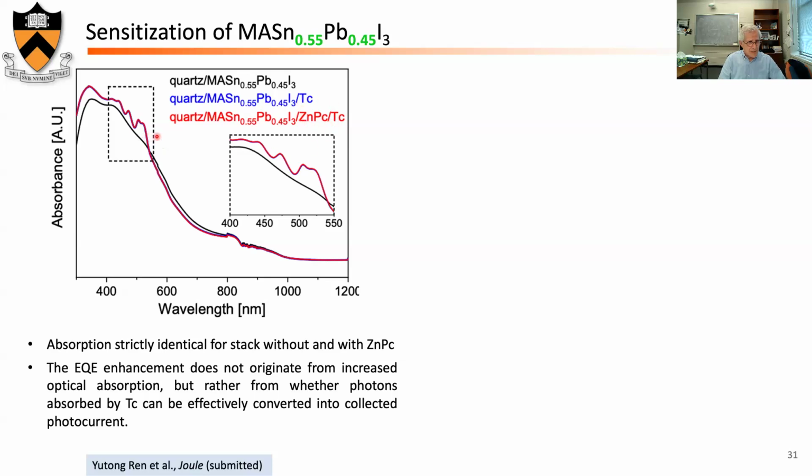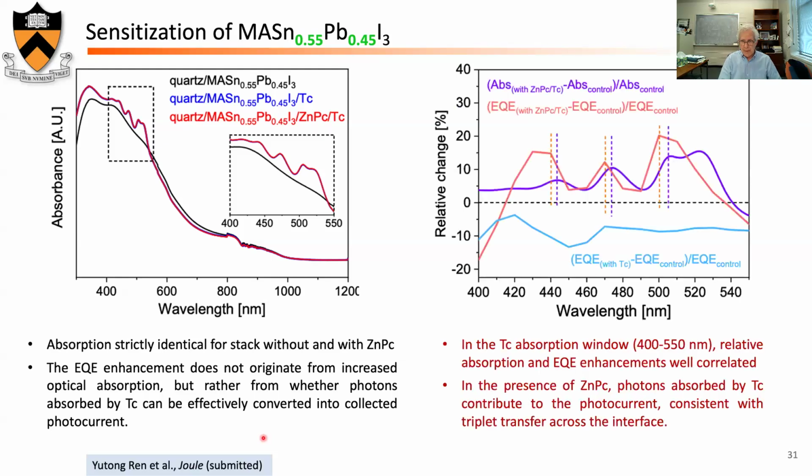And as you can see, you cannot distinguish the blue and the red. They are exactly the same, which shows you that the zinc PC really does not do anything in the absorption process, but it is essential in the process of whether these triplets are effectively converted into collected photocurrent. So that was very important.